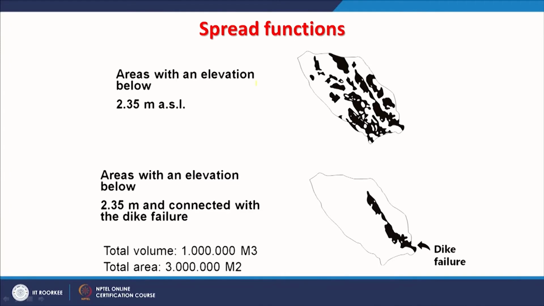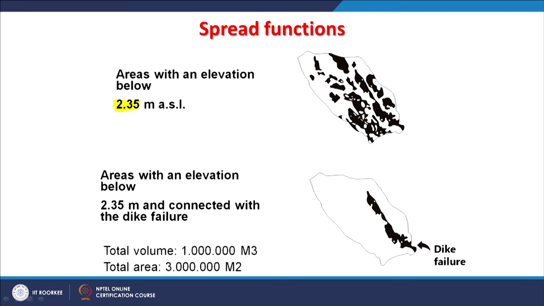Similarly, in case of flooding, this example is a real example from Bangladesh, because we know that most of the land of Bangladesh does not have much height above mean sea level. So, it is just, say, 2.35 meter.